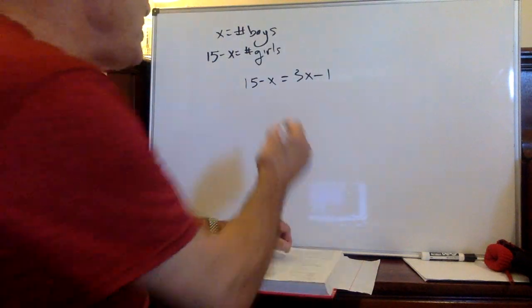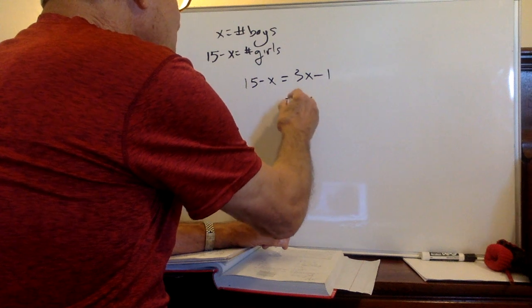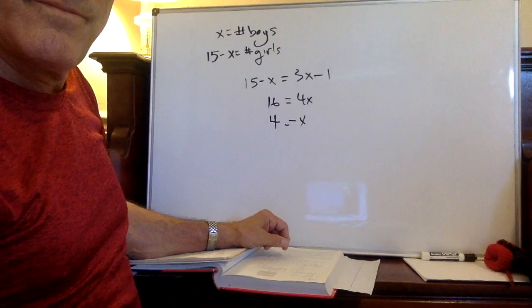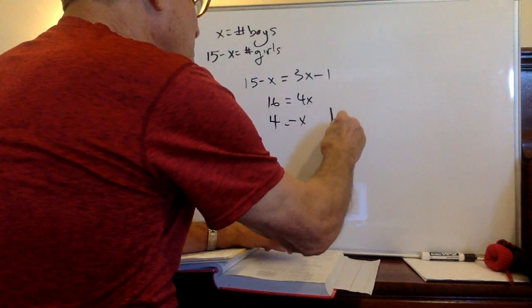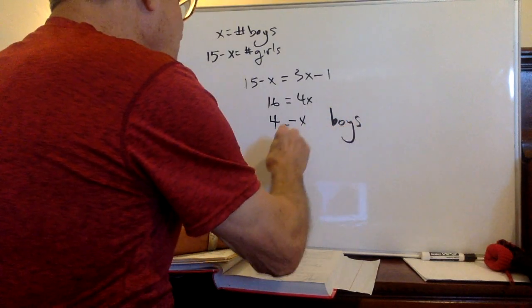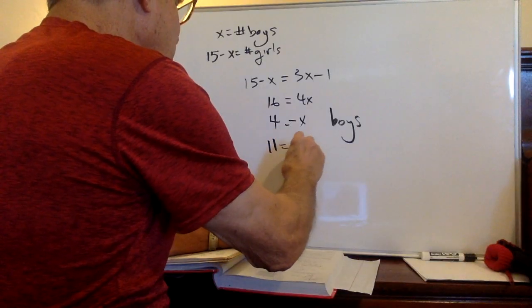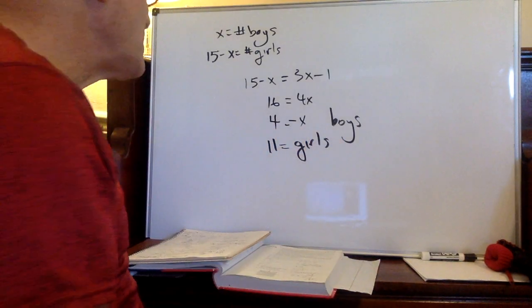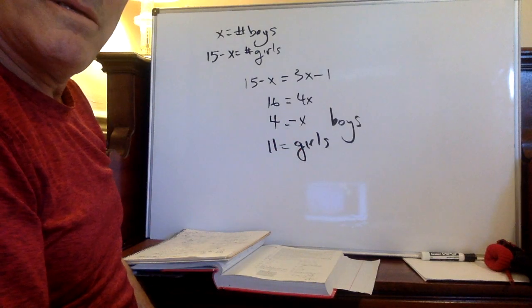And there's your equation. Add x, you get 4x is equal to 16. x equals 4. Therefore, there are 4 boys. And 4 from 15 is 11 girls. 4 boys, 11 girls. That's one way to do it.